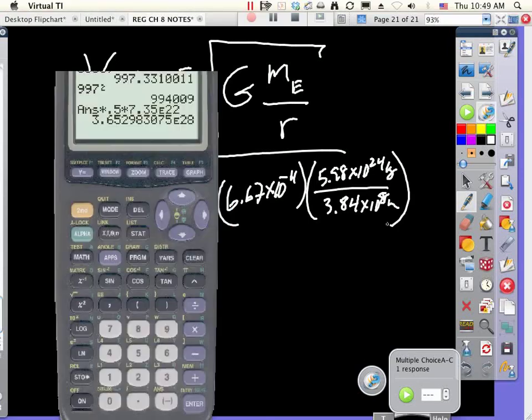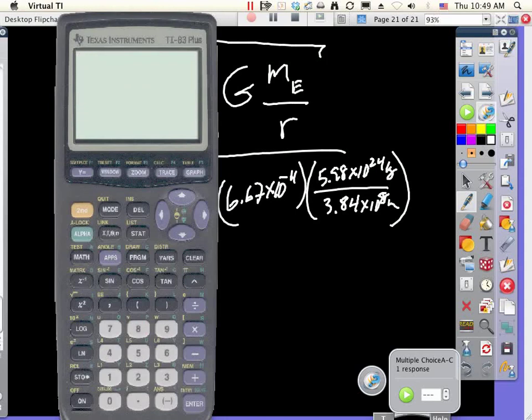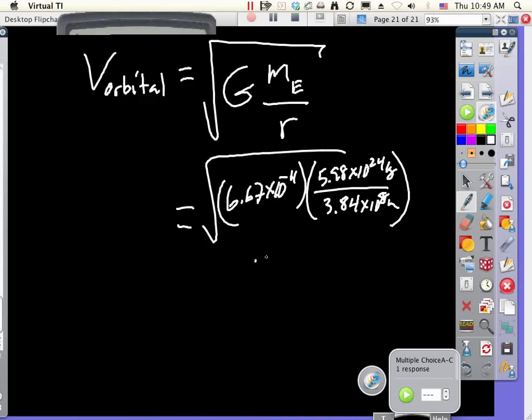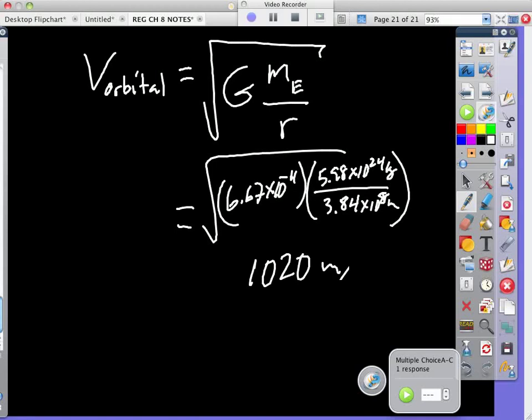We have the square root of that, and we get 1,020 meters per second. Is that reasonably close to what we came up with before?